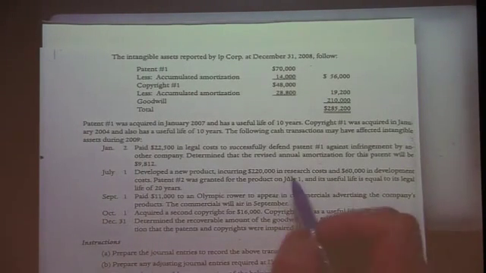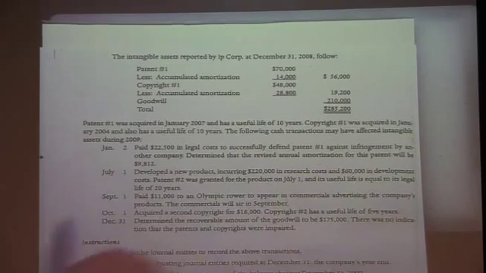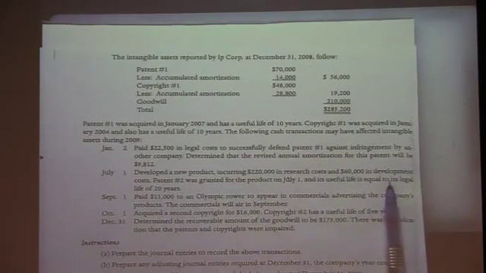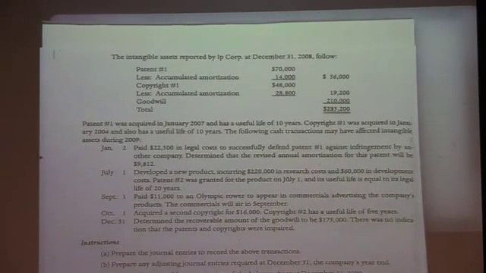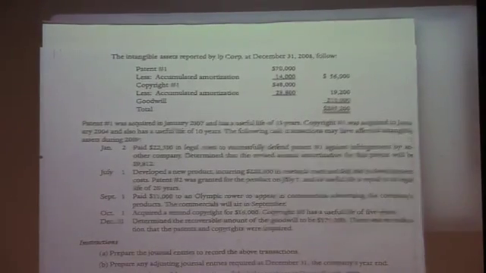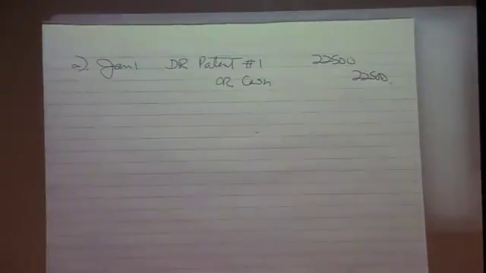Under our standard, research costs are expensed. Development costs can be capitalized if they meet certain conditions. There are about 7 conditions, but one of them is that we were able to produce a patent out of it, and we're able to estimate the useful life of that patent. So therefore, we could capitalize that $60,000.